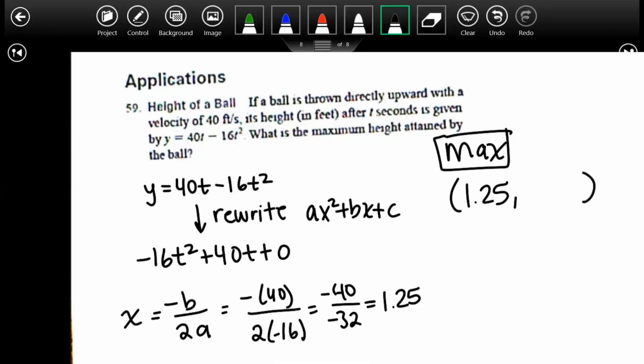What is that max? How do we determine that? Plug it back in. That's all we're going to do. Just as we did with the other problems, we're going to do the same exact thing. We're going to take our value and plug it into the original equation for y. So we're going to get negative 16 times 1.25 squared plus 40 times 1.25.